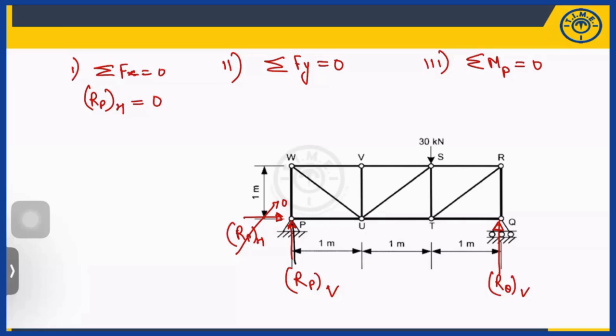What is the value of reaction at P in the vertical direction and Q? Very simple, no? You are taking this much time.